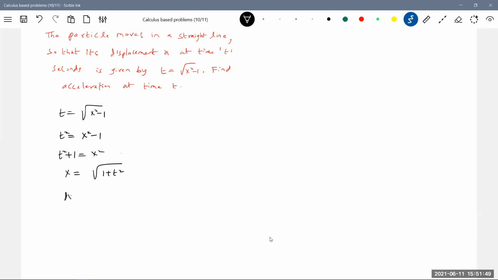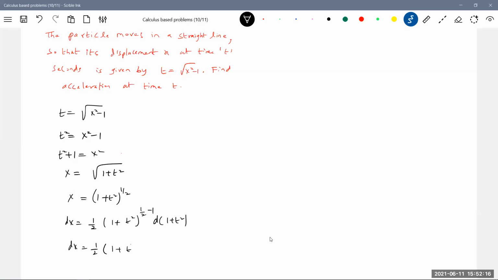So x is equal to, it is one more step, I'll write it, 1 plus t squared to the power of 1 by 2. dx equal to 1 by 2, 1 plus t square to the power of 1 by 2 minus 1, times the derivative of this function. 1 by 2 minus 1 will be minus 1 by 2.